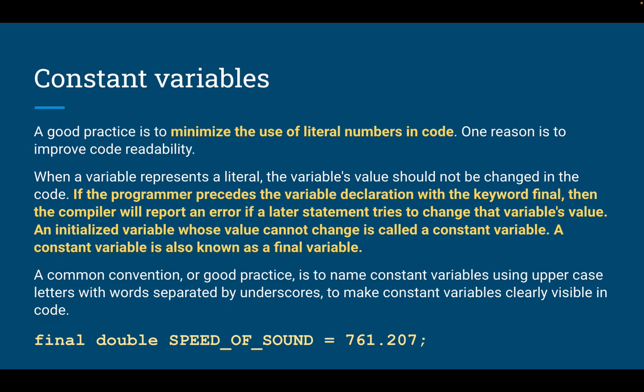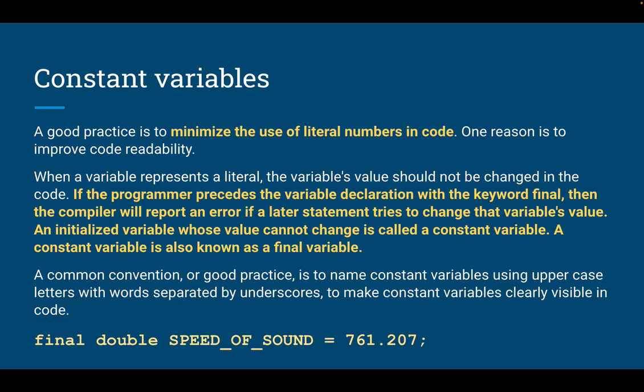Anything that is final is immutable. Everyone say immutable. Immutable is the opposite of mutable. Mutable means it can change. Think of mutate. Immutable, once you create it, it's locked. It doesn't change. In fact, if you tried to reassign speed of sound later on, the compiler wouldn't even let you compile it.